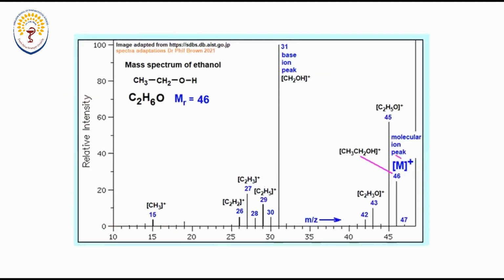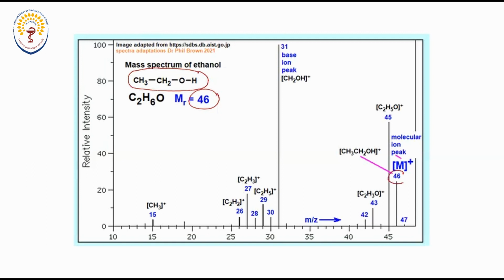Now this is a typical mass spectrum of an organic compound. Here we can see the graph of ethanol, CH3CH2OH. The molecular weight of ethanol is 46, and this is how the mass spectrometer fragments the molecule into different fragments, and the weight of each part is taken.